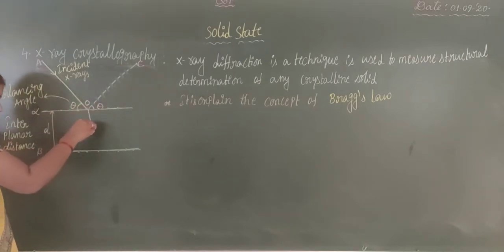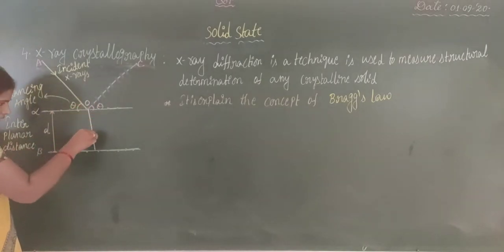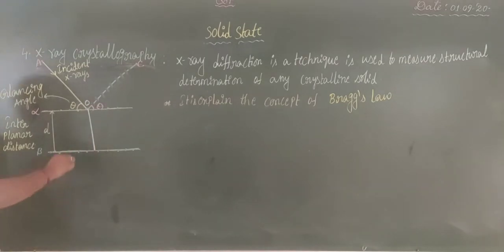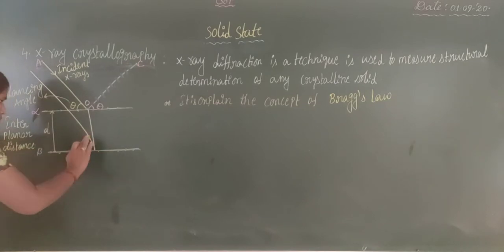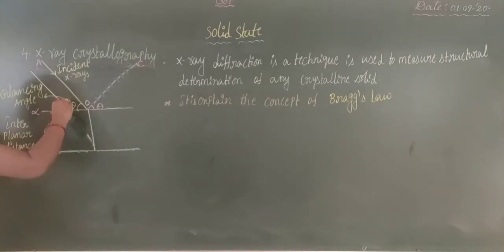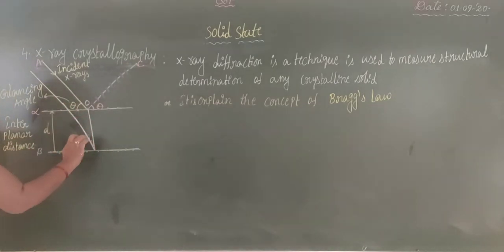Here you draw a straight line to the second layer of the solid plate. Again you take one more X-ray falling on the lower plate of the solid surface.